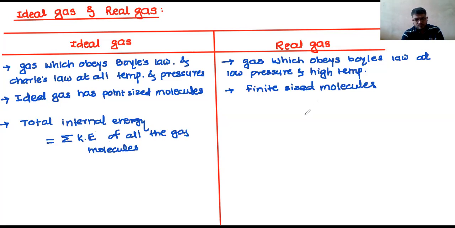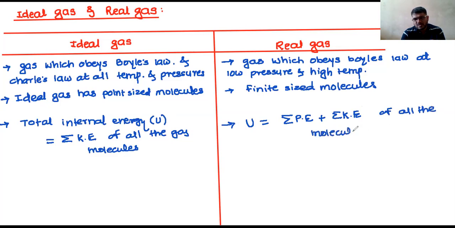Here, this total internal energy is denoted by U. In real gas, the total internal energy is equal to the sum of potential energy plus the sum of kinetic energy of all the molecules. This is the difference in the internal energy. In ideal gas, internal energy is due to just kinetic energy. Here it is because of potential energy and kinetic energy. Okay.